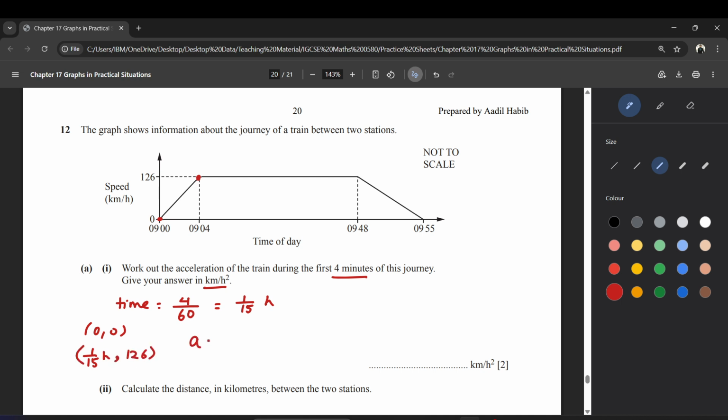Now I can work out the acceleration, which will be 126 minus 0 divided by 1 upon 15 minus 0. So 126 divided by 1 upon 15 gives us 1890 kilometers per hour squared.